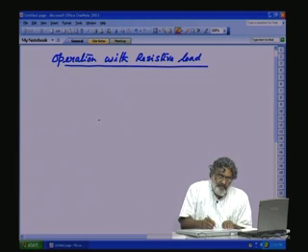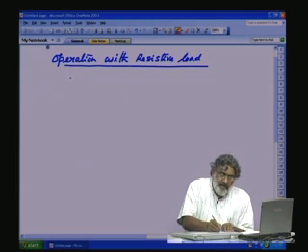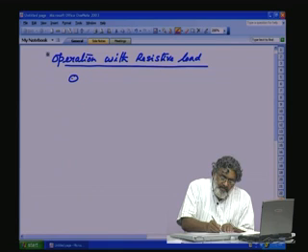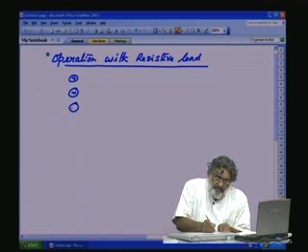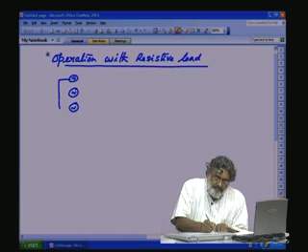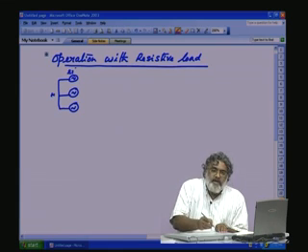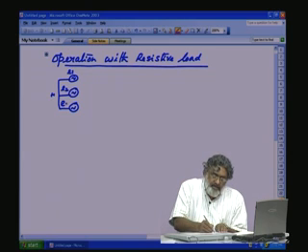So, the 3-phase midpoint configuration that last time we have drawn, it will be E1, E2, E3. This is our neutral, E1, E2 and E3.